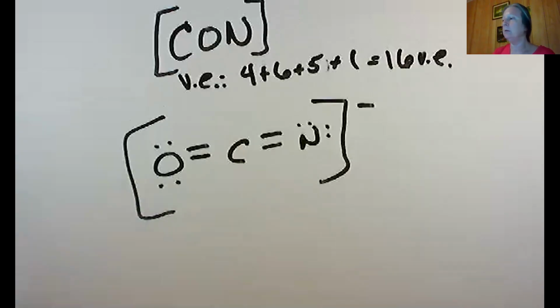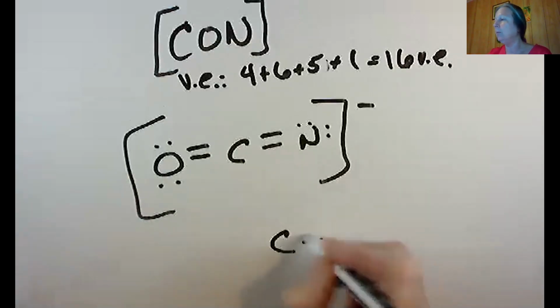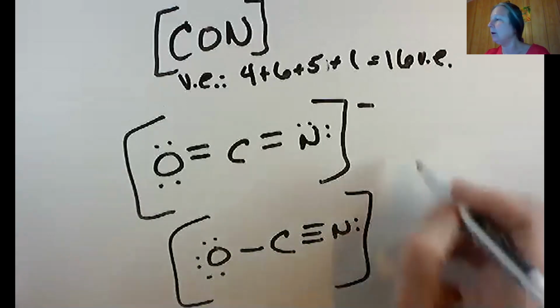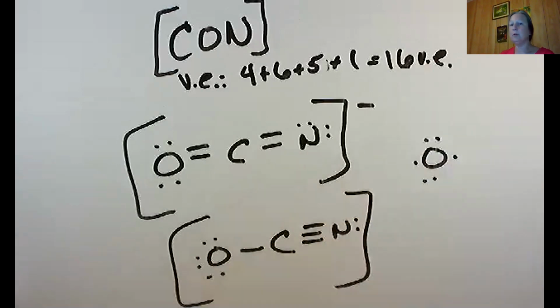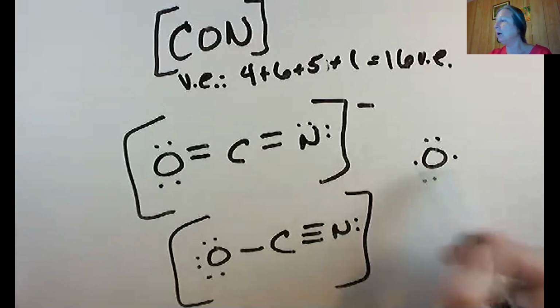This is another one, perfectly acceptable. Again, carbon is in the middle, but nitrogen can have 3 bonds. It often does. And oxygen will have 1. Oxygen, you're not going to generally see with 3. Remember the oxygen Lewis dot structure? It usually will have 2 bonds.